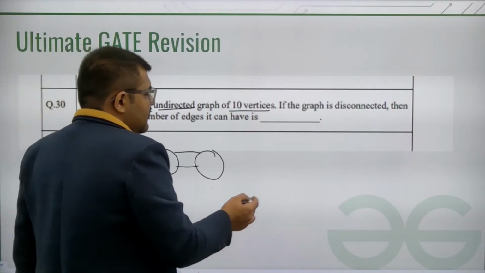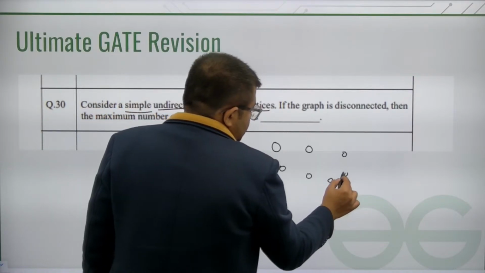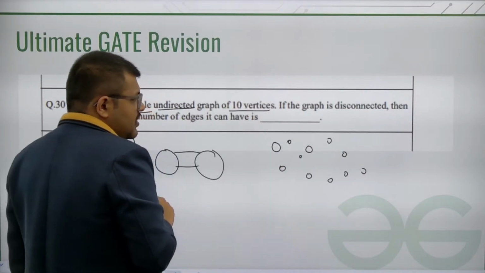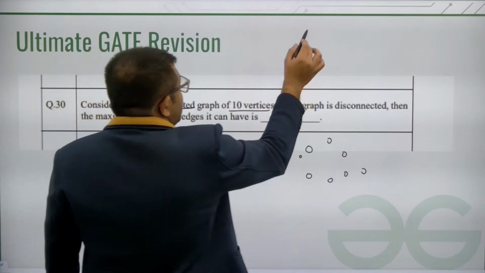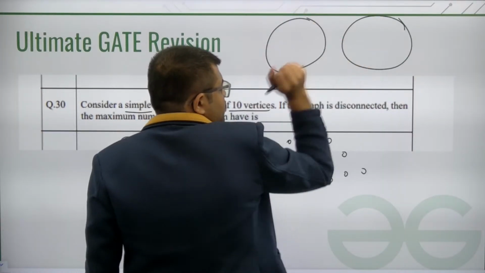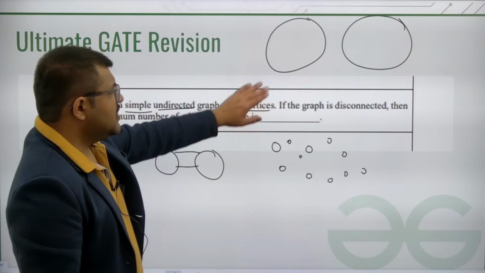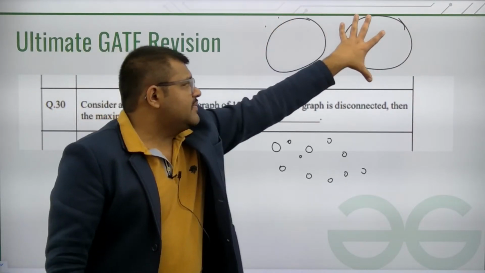For example, if I keep all the 10 components separately, then there will be no edge between any of them, but I want to maximize the number of edges. So what I will do is make two connected components. There will be some nodes here and some nodes here. I will try to have the maximum edges possible here and the maximum edges possible here.